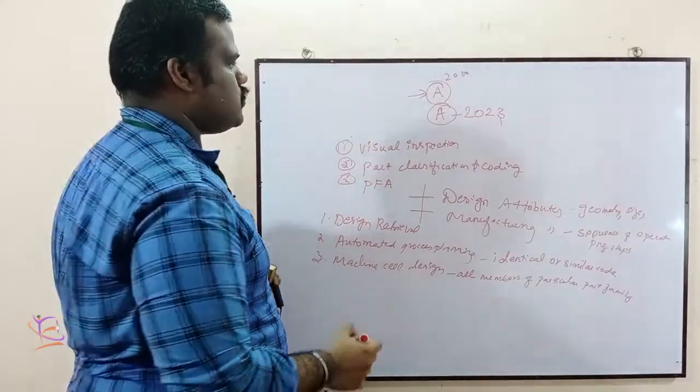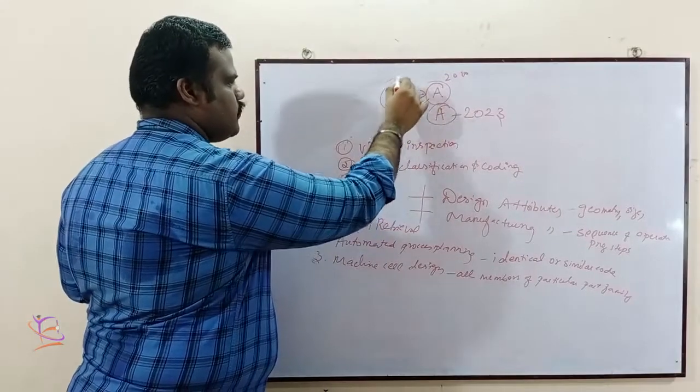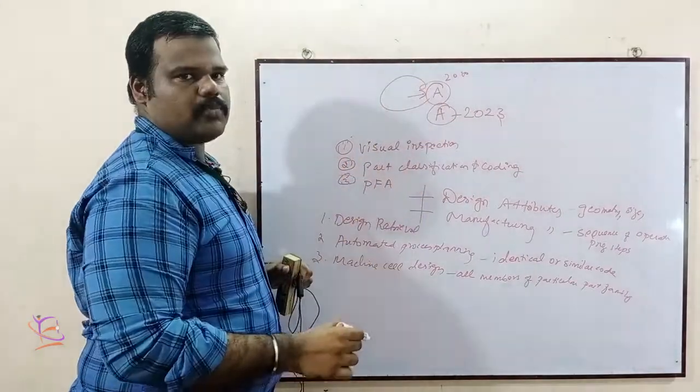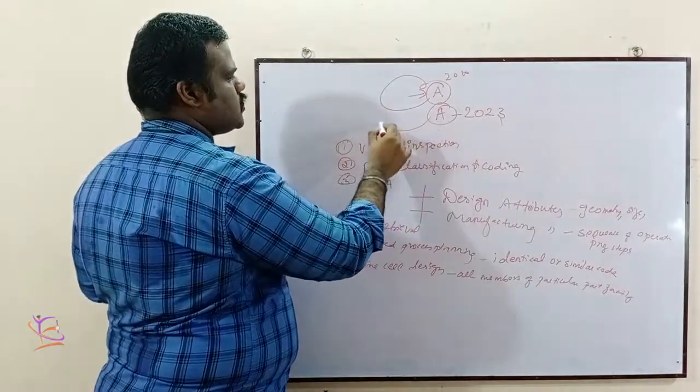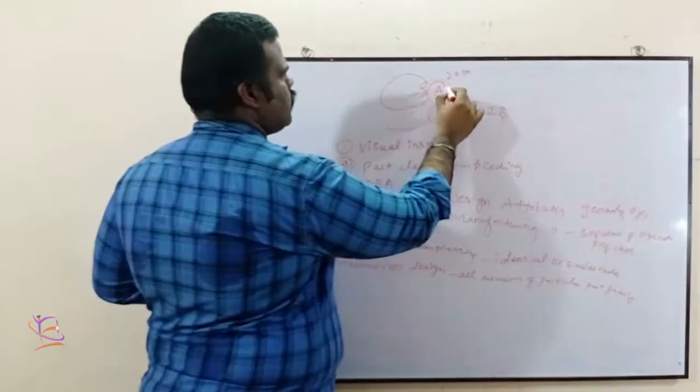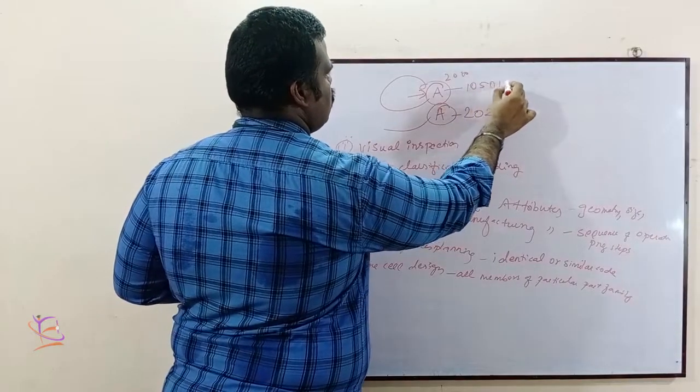Now what can I do? Since it is in a part family, I can just search for the product. Some coding will be given, like 105012.